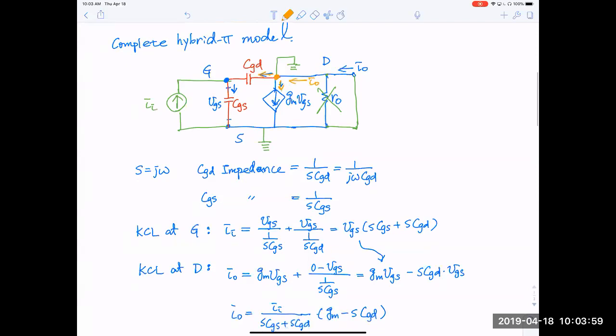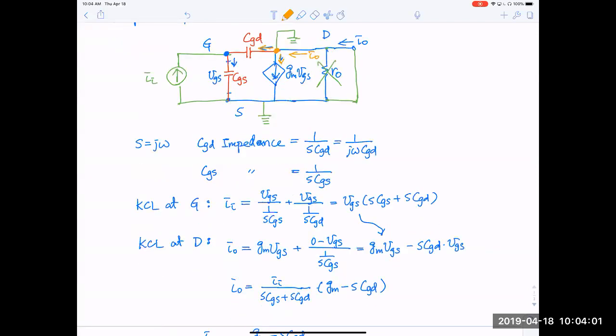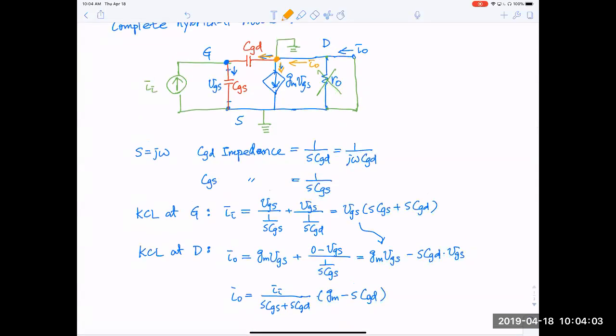We did not ignore CGD, so there are two terms. The first term is here. And the second term is a current going out this way. So this is the second term, CGD. The current flowing through the second path is from here. So it's the terminal voltage across CGD.